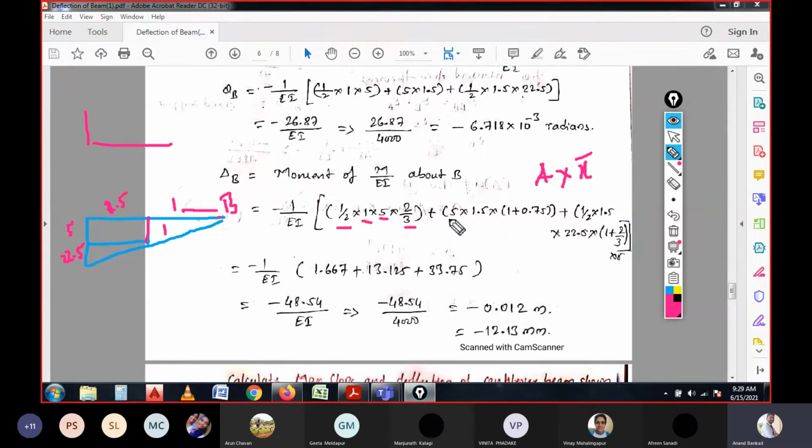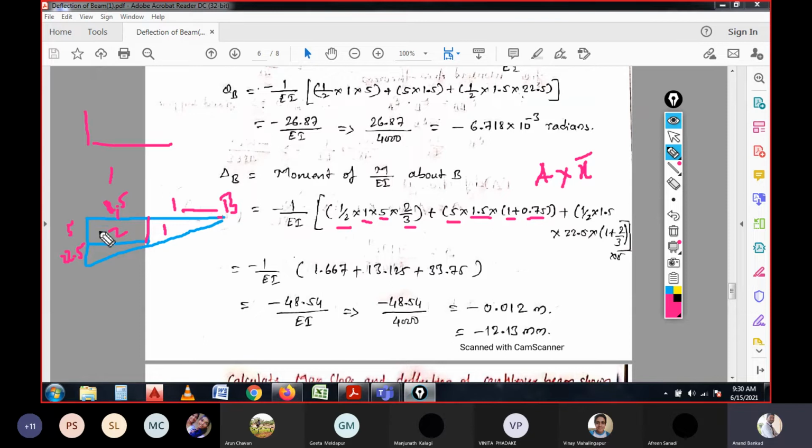So now, for the second one we have 5 into 1.5, length into width 1.5, and for this the CG is acting at the center since it is a rectangle. For this rectangle, if it is at the center, 1.5 by 2 is 0.75, but we need to measure the distance from B. So 0.75 plus this one will be 1.75 here.